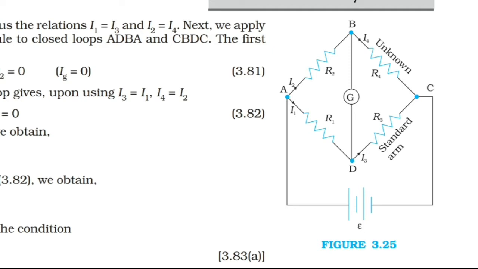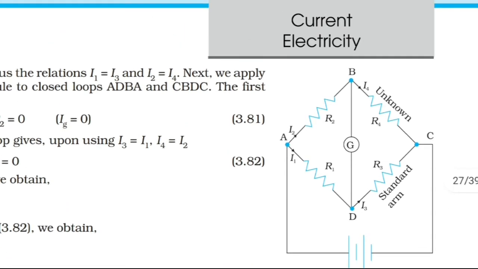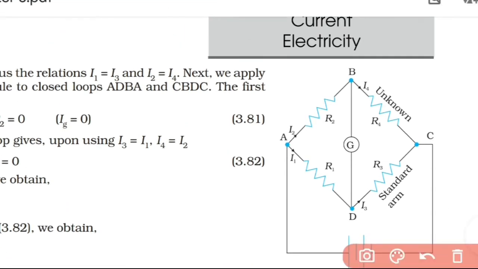You can see how it is connected, and there are two arms of the bridge, the arm BD and the arm AC. AC is joined like this.